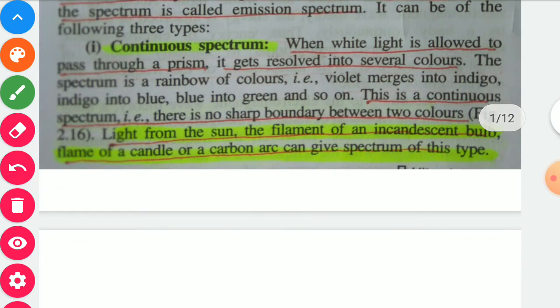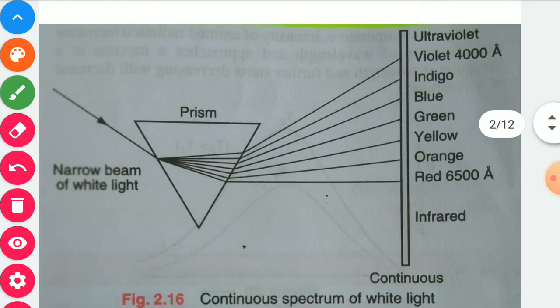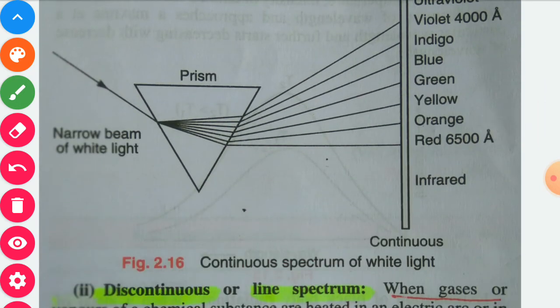Light from the sun, the filament of an incandescent tube bulb, flame of a candle, or a carbon arc can give a spectrum of this type. Here there is a prism.